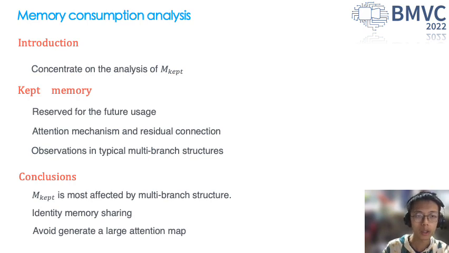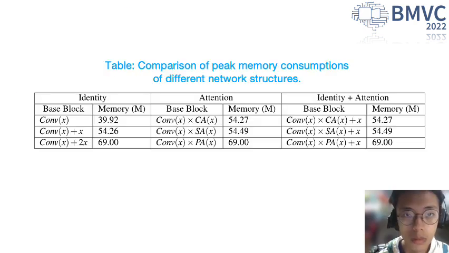According to our observation of typical multi-branch structures, we get some conclusions. First, kept memory is most affected by the multi-branch structure and the identity memory sharing mechanism. So, an effective method to reduce computation and memory is to avoid generating a large attention map.